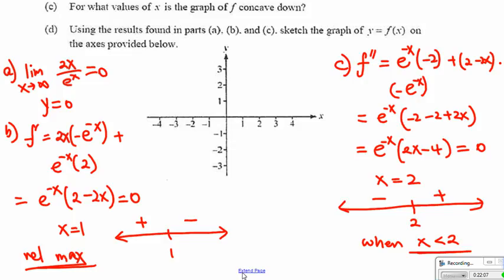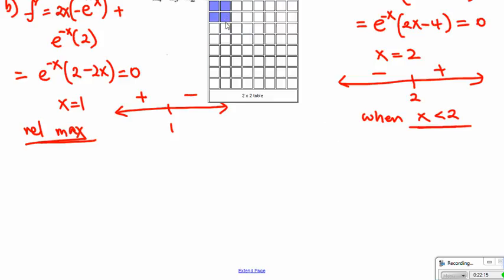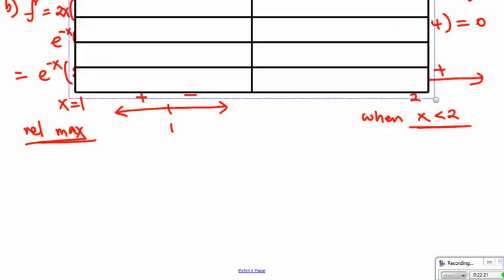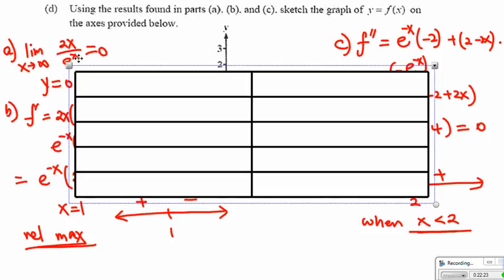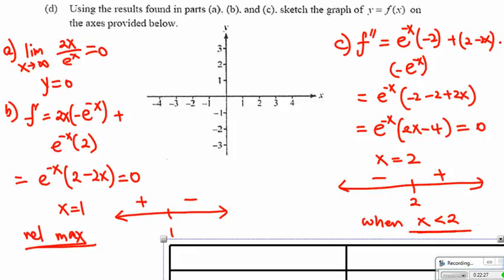Then we'll pick a couple of important points. We're going to make a small chart. I'm going to bring this one down here.